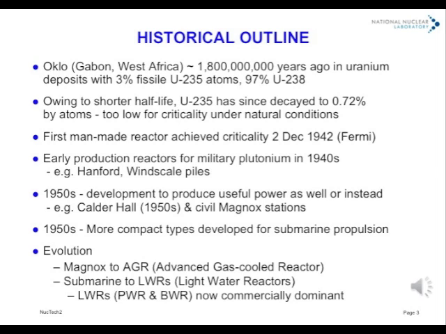In the UK, this led to the Advanced Gas-Cooled Reactor, AGR. Meanwhile, in the USA, more compact reactors were developed for submarine propulsion and evolved into the types now commercially dominant, while Canada went its own way with the CANDU type, also adopted by India.